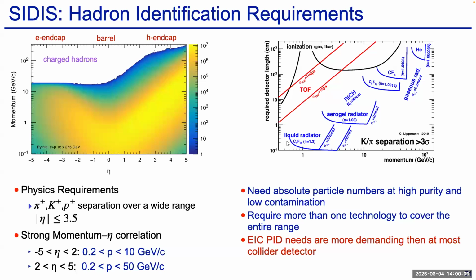So you can see time of flight only gets you to 1 or 2. If you want to go to 50, you sit here. All you can do is gas. That's all you have. And calorimetry for hadrons, as I said, take a resolution of 50%.